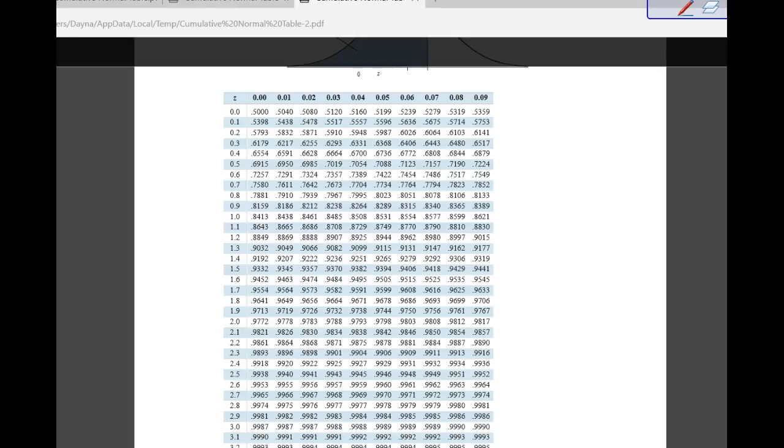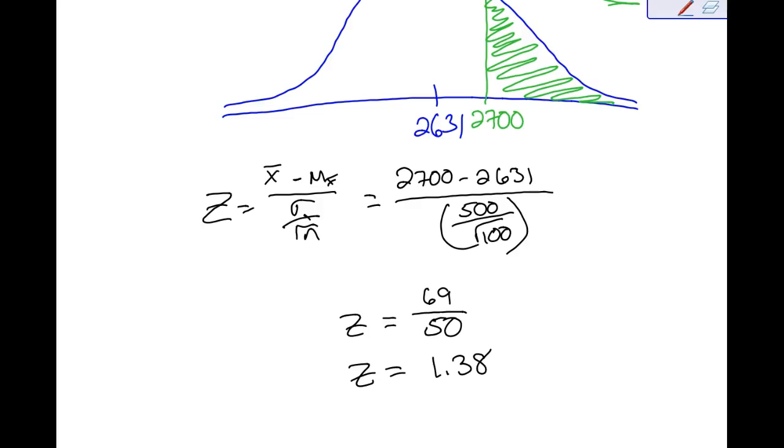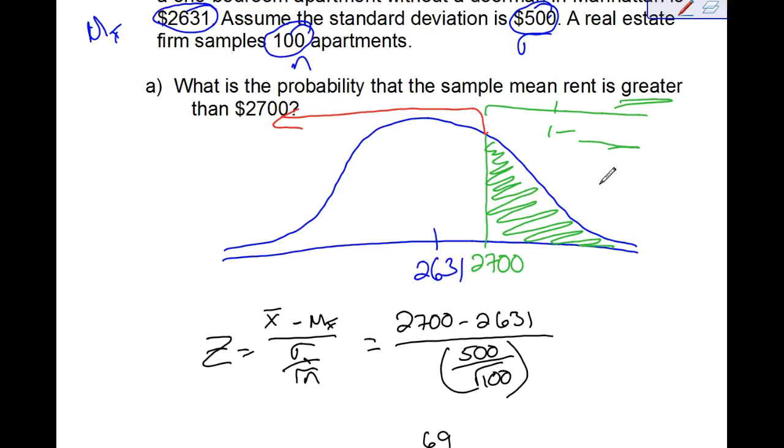So I'm going to look 1.38 up on my chart. 1.3 and then an 8, so that's 0.9162. Remember that 0.9162 goes to the left, so I need to subtract it from 1, and I'm going to get 0.0838.